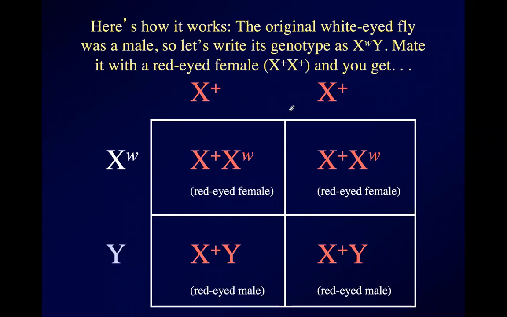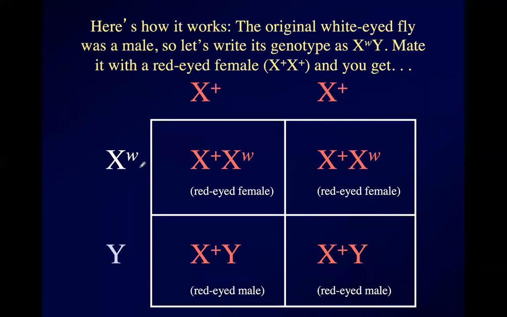The male has an X and a Y. And we often use a plus sign to mean wild type, to mean the phenotype that you would by far most commonly see in nature. And I'm using these pluses here because it can be hard to tell whether a superscript W is uppercase or lowercase.